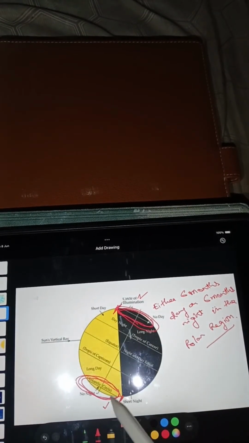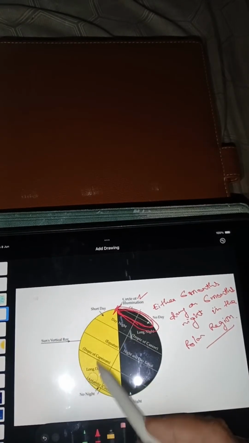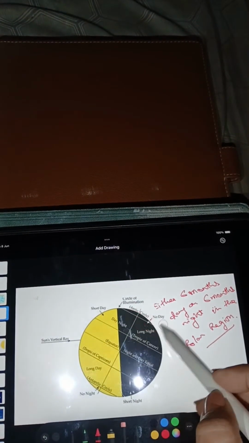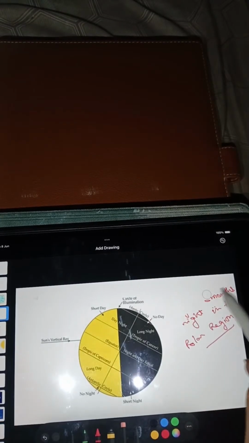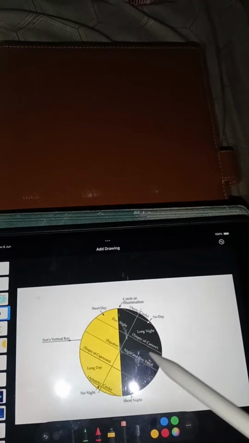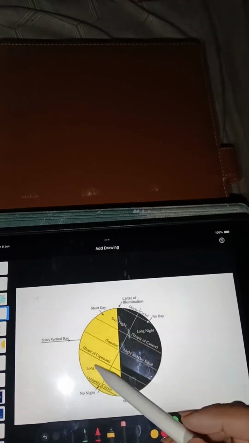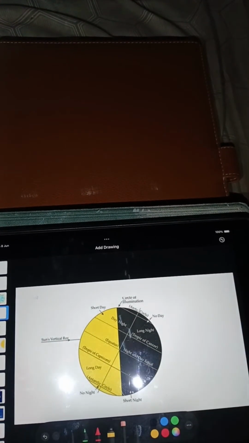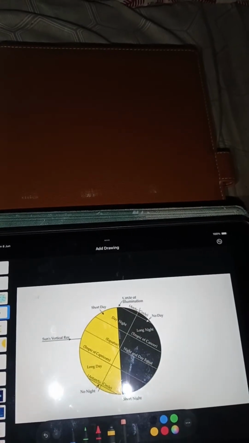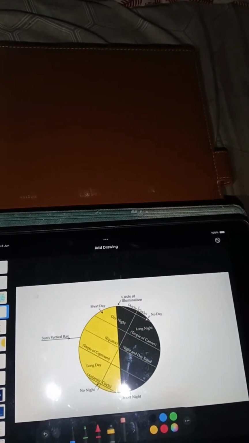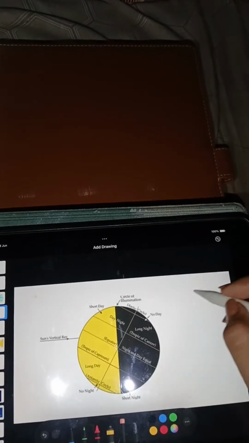But here, as we are discussing rotation, I will now discuss with you the effects of rotation only, that is, formation of day and night. With day and night there comes another concept of twilight and dawn.